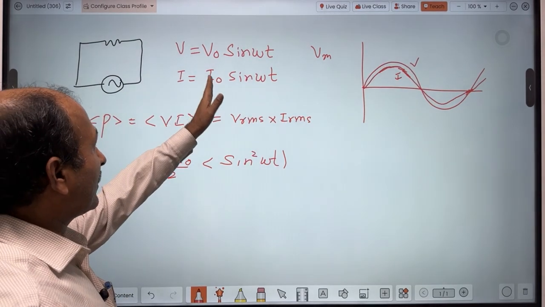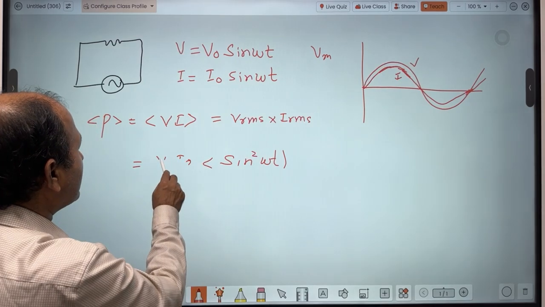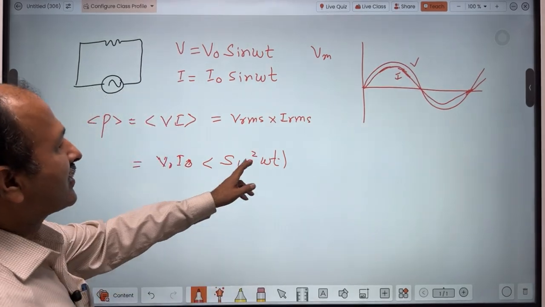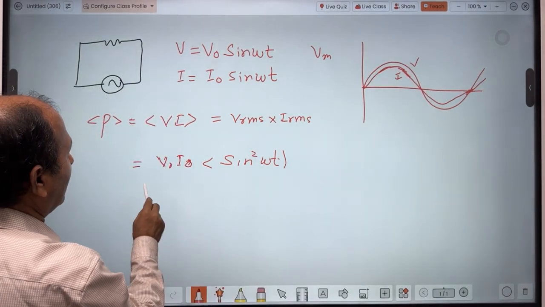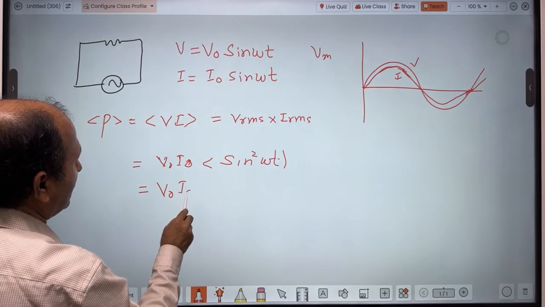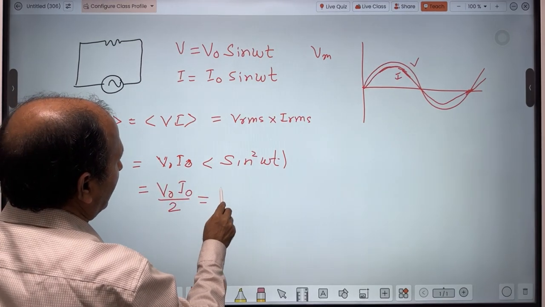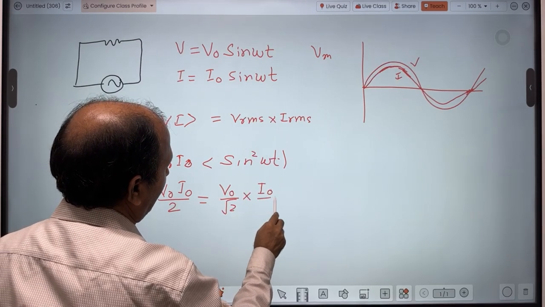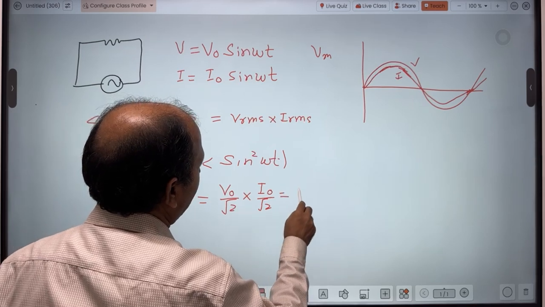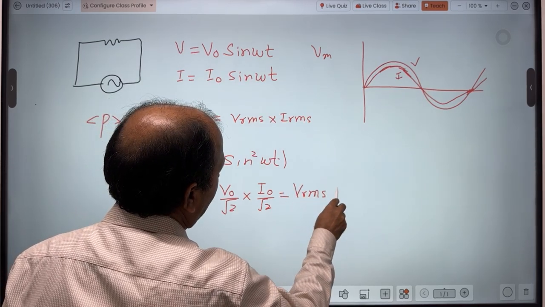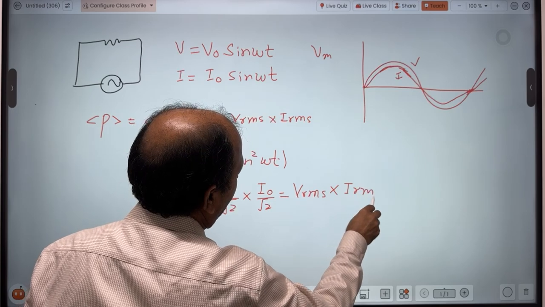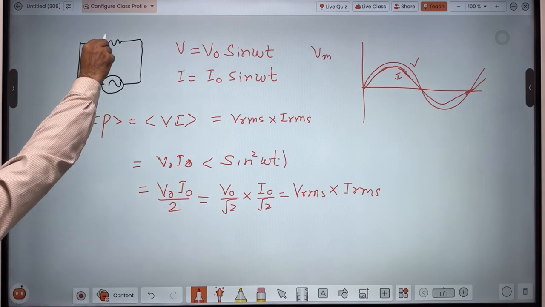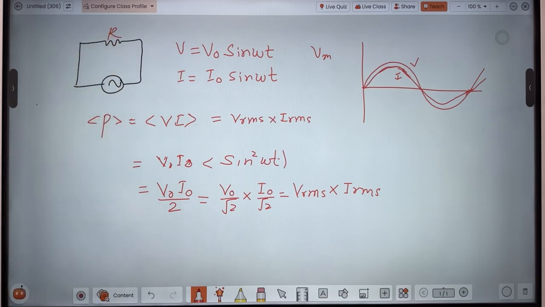No. Here we are putting these values V0 I0, so 2 will not be there, just V0 and I0, and then sine square omega t, and sine square omega t has average value half, so this becomes V0 I0 divided by 2, or we can write it V0 divided by root 2 multiplied by I0 divided by root 2. So this will become Vrms into Irms, right? So this is average power consumed in case of AC circuit containing resistance.